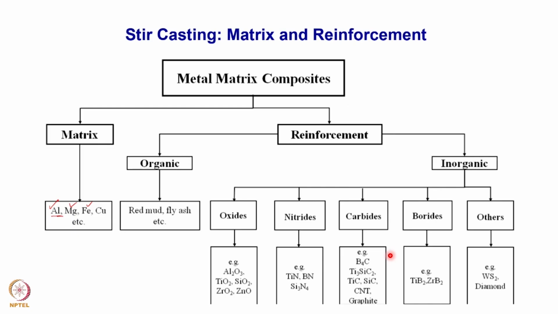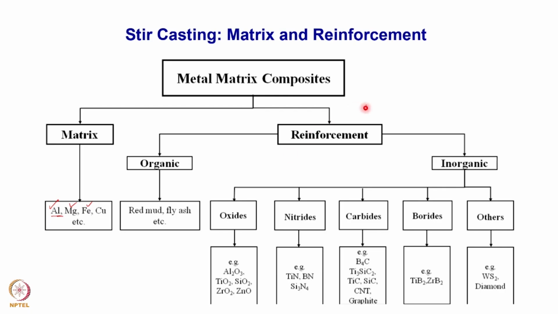So all these materials that you see over here as the reinforcement possess two main properties. First, they are all hard materials, because one of the objectives of making metal matrix composite is to increase the hardness of the metal, and therefore the reinforcement has to be a hard material. And also these are strong materials, because we know ceramics are not only hard but also strong.